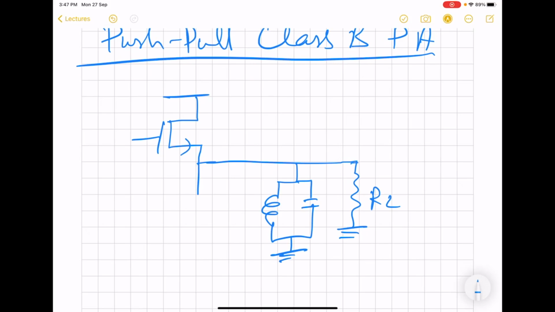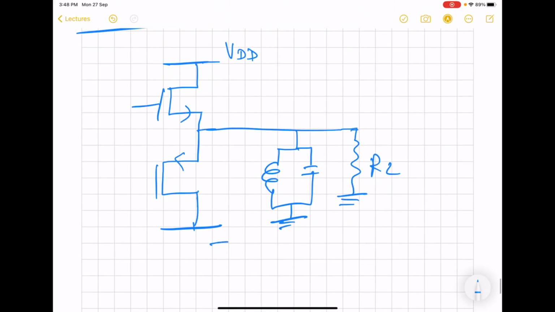So up till now, our circuit was essentially like this. Of course, RFC was also there. But now what we do is we use PMOS, and then we connect it to minus VDD. So this is one change. Second, the gates of both are simultaneously connected to the input.